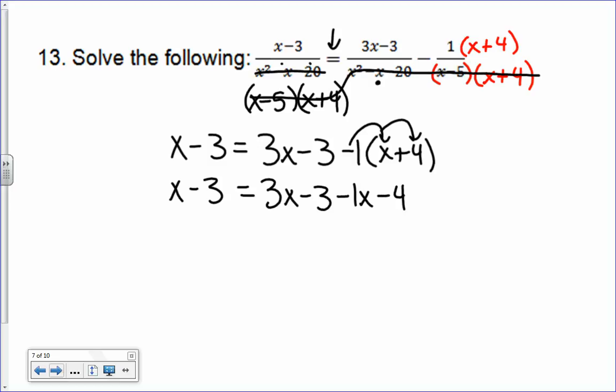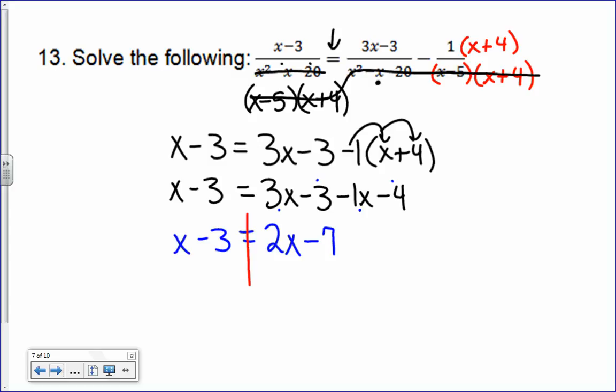On this right hand side, let's combine some like terms. 3x minus 1x would be 2x. Negative 3 minus 4 would be negative 7. On the other side, I have x minus 3. So now I want to get my letters on one side, my numbers on the other.